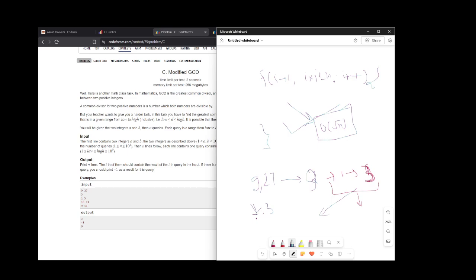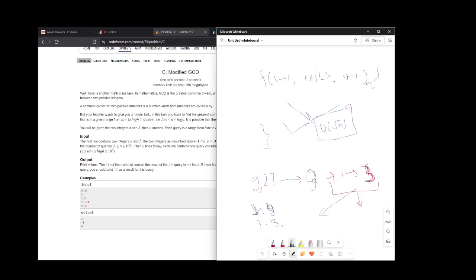Then it would be, sorry, 1, 9, because GCD is 9. So 1, 9, and the second one would be 3, 9 divided by 3 is 3.